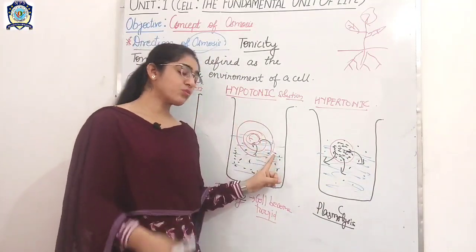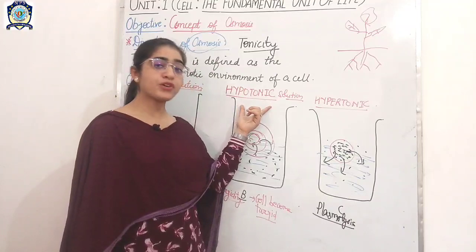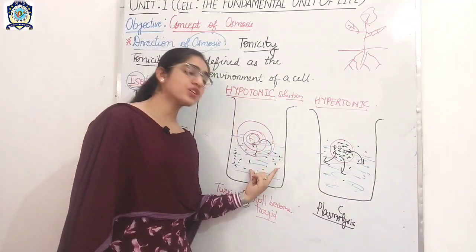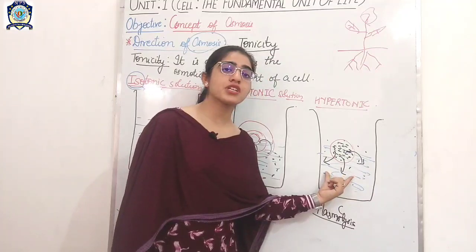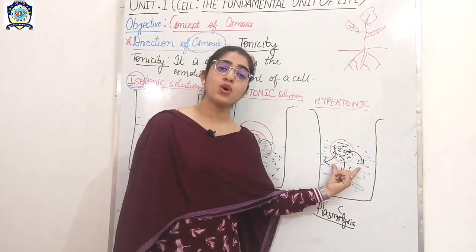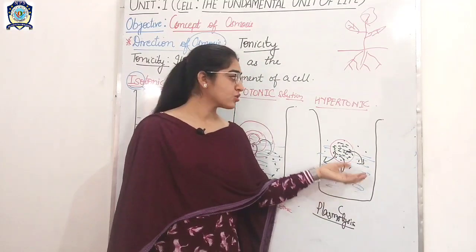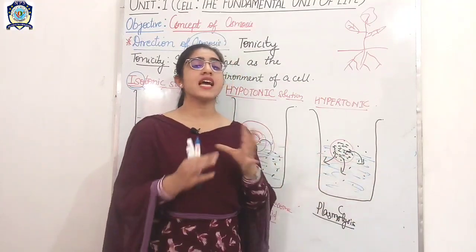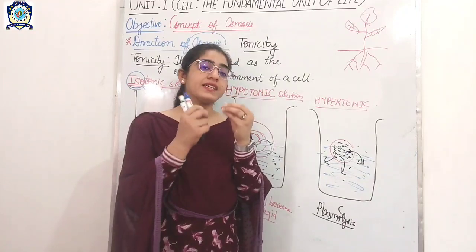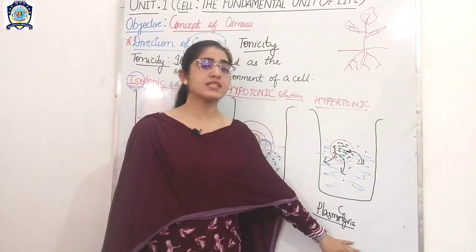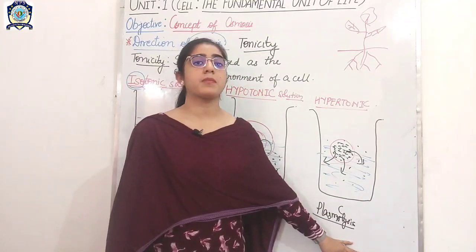Again, listen to me very carefully. In hypotonic solution, the solution has more water concentration, while in hypertonic solution, the cell has more water concentration. So in hypertonic solution, the cell will become flaccid or shrink, and that is the process of plasmolysis.